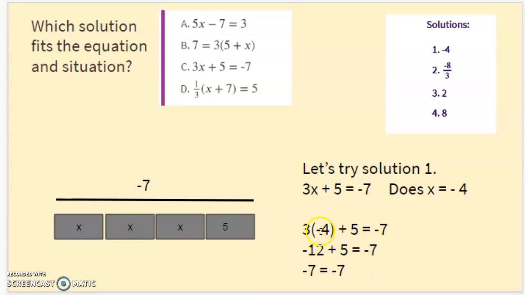3 times -4 was -12. We still have our +5, and we still have our -7. And then we put these two quantities together, -12 plus 5, that equals -7, and we still have our -7 here. Yes, -7 equals -7.